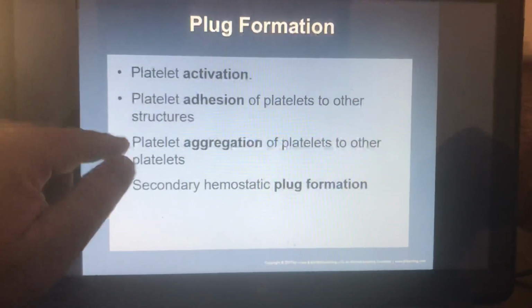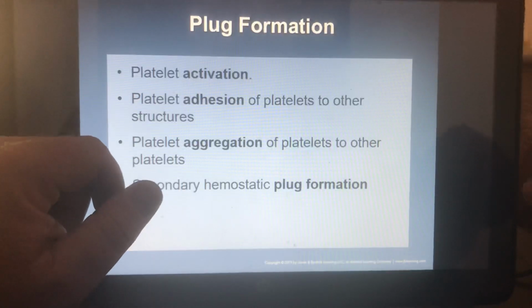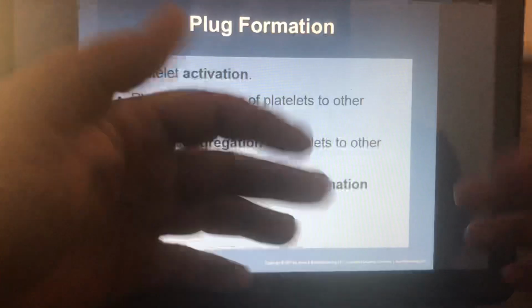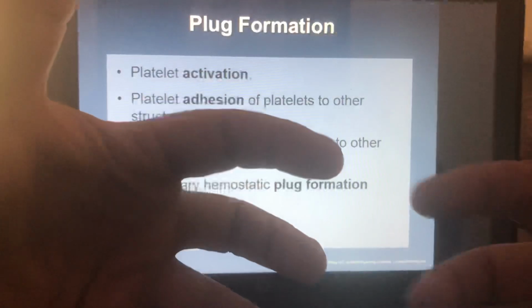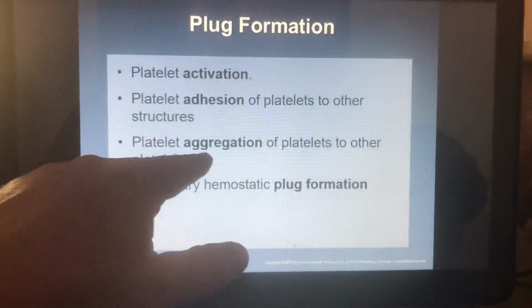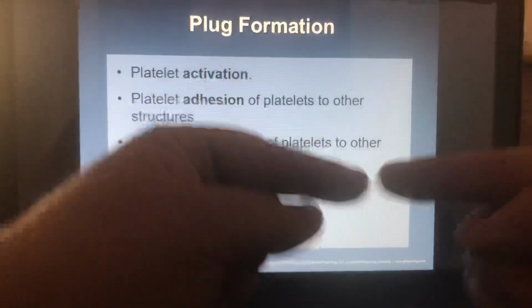And activating it starts something called adhesion. What adhesion is going to do is activate the platelet to start sticking in and around the area that's broken. It's going to start sticking to the blood vessel wall itself and start trying to build up from there. Then it's going to cause it to aggregate. And that aggregation is platelet to platelet. That's where the platelets come together.